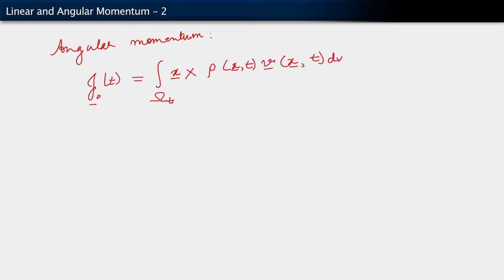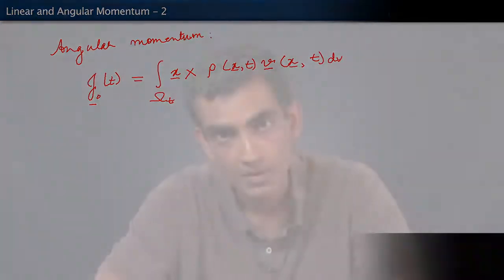In the previous segment, we saw why it's important to only treat this as an integral over the current configuration. Of course, some of these variables could be mapped back to the reference configuration, but it does not make sense to replace little x with capital X, because that would be changing the type of angular momentum we're looking at. We would essentially be looking at only the initial angular momentum, which is not what we want.